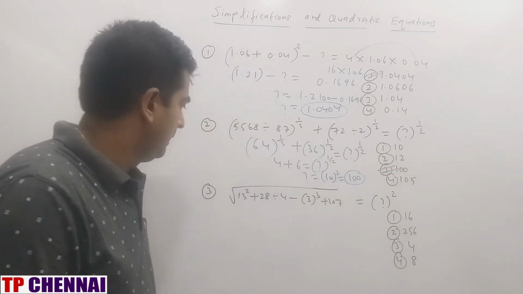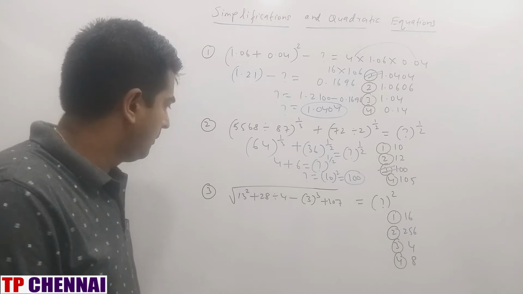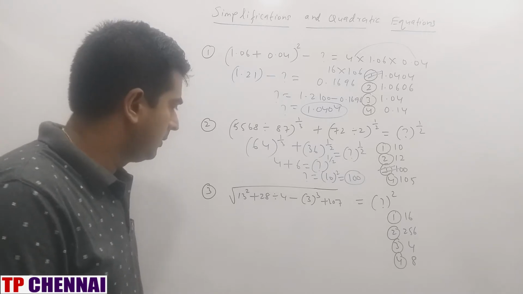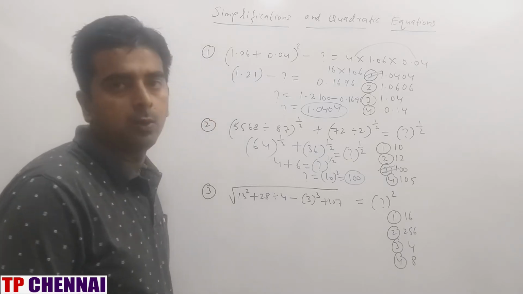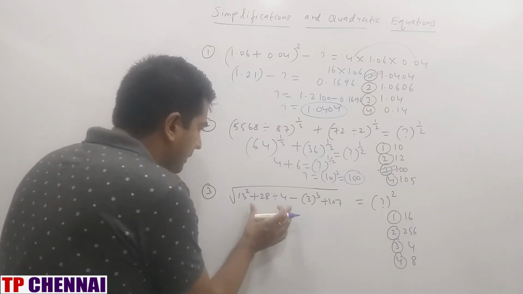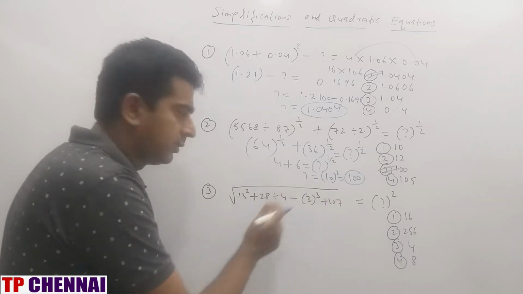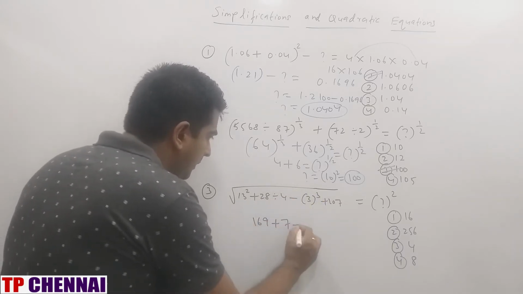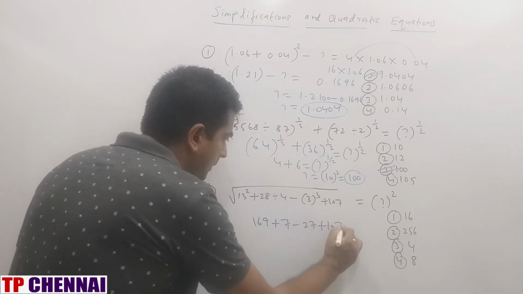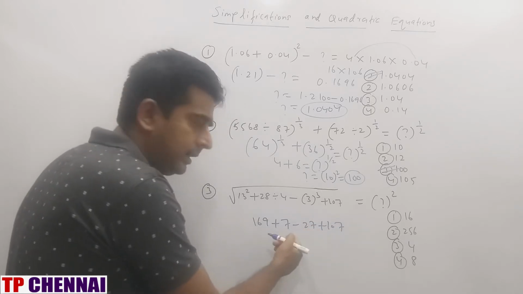Next one, third one, square root of (13 square plus 28) divided by 4 minus 3 cube plus 107 is equal to question mark whole square. So first we will consider this calculation, then we will take square root here. This is 169 and this is 7, this is 27, this is 107. This is minus 20, right?